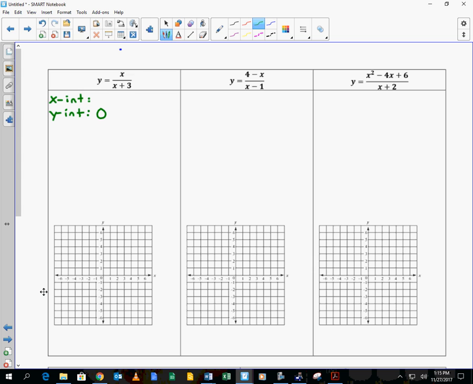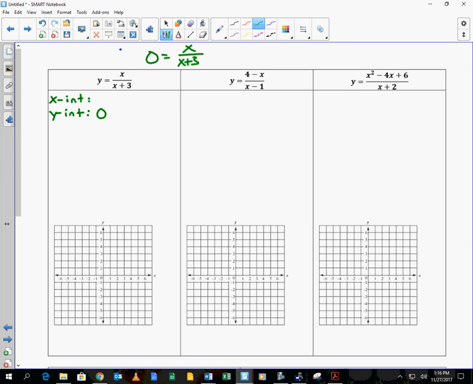Okay, then if I'd like to find the x-intercept, I set y equal to 0. And I come up with this equation. 0 equals x over x plus 3. Oh boy, that's a good question. When is x over x plus 3 equal to 0? Well, if the denominator is equal to 0, is the entire thing equal to 0?